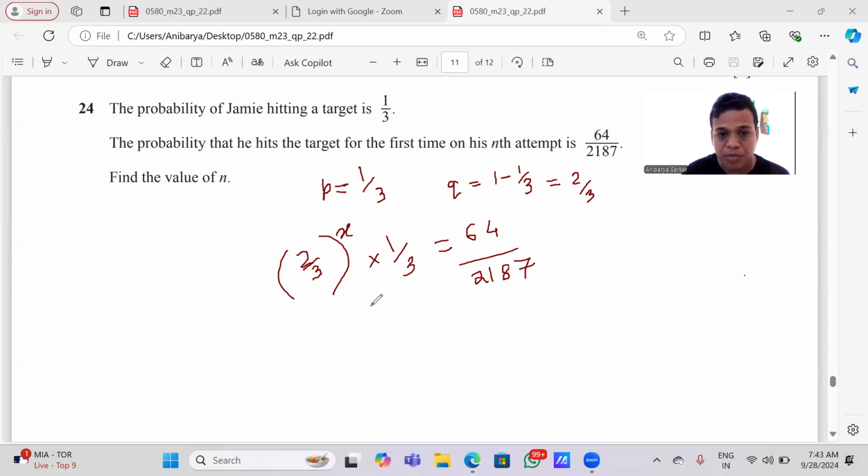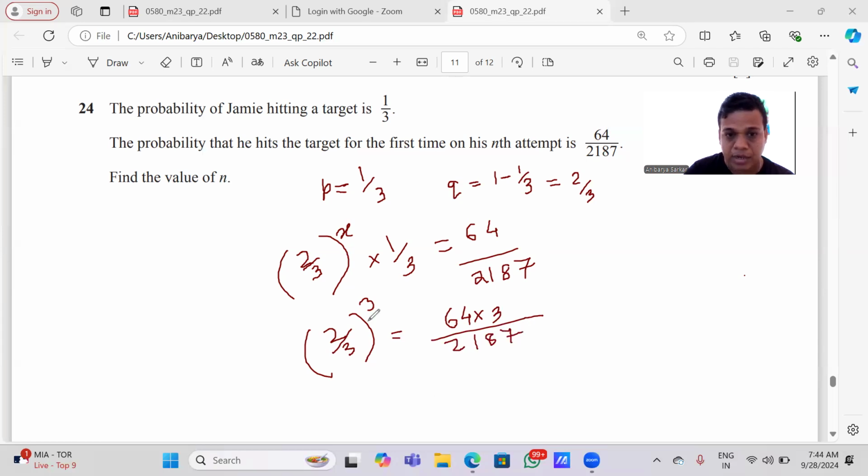Now if we cross multiply, (2 by 3) to the power x is equal to 64 into 3 divided by 2187. That is the value of x.